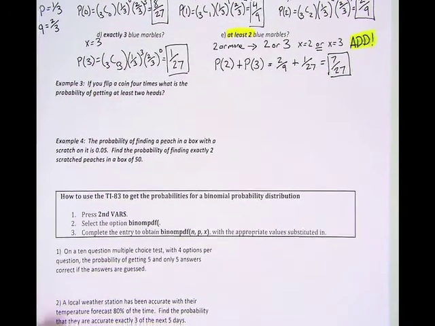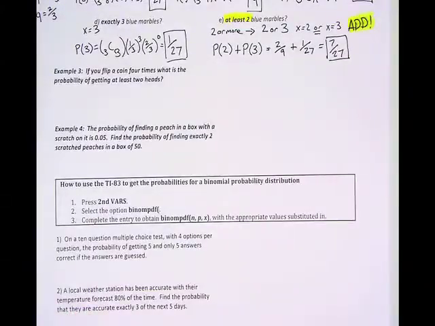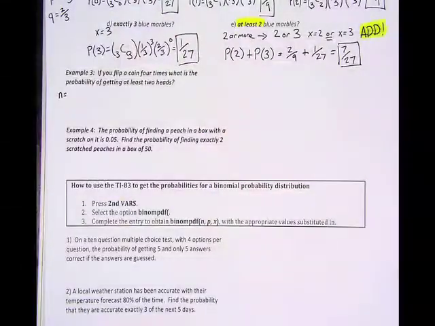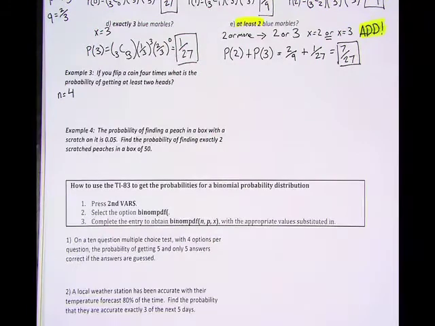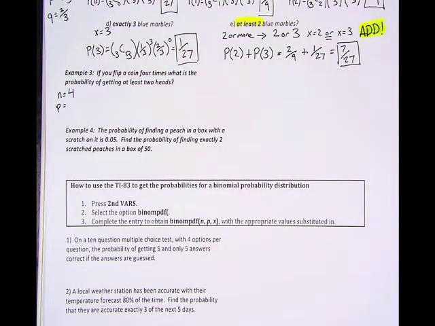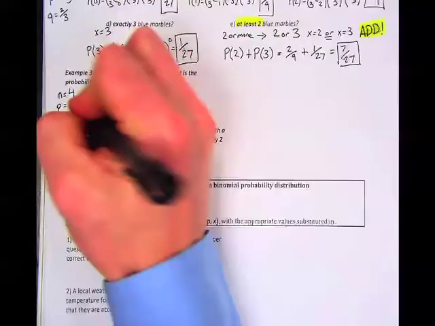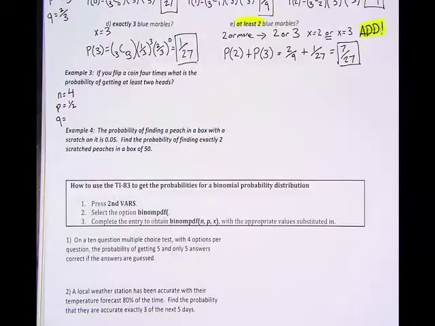Okay, so we're moving on to our next example. It says if you flip a coin 4 times, what is the probability of getting at least 2 heads? So looking at this, n is going to equal, how many times are we flipping the coin? 4. The probability of success, well, on a coin, getting a heads is 1 out of 2. And then probability of failure, or not getting a heads, is also 1 out of 2.